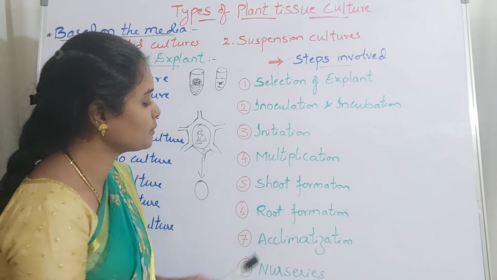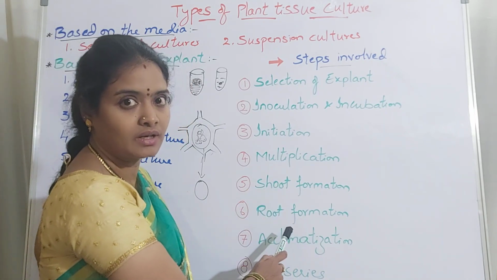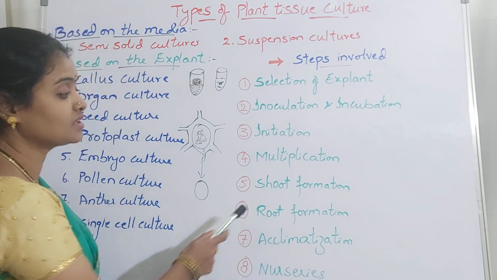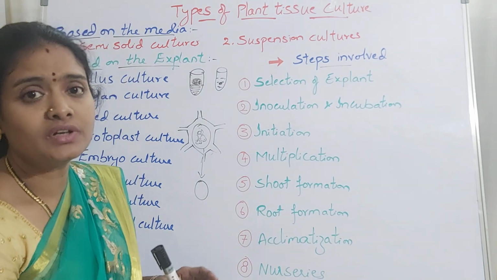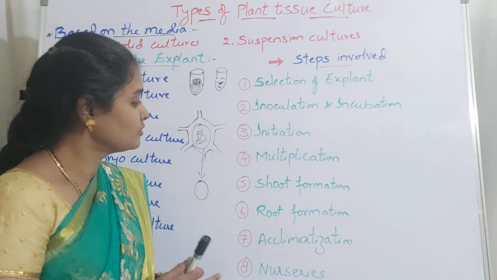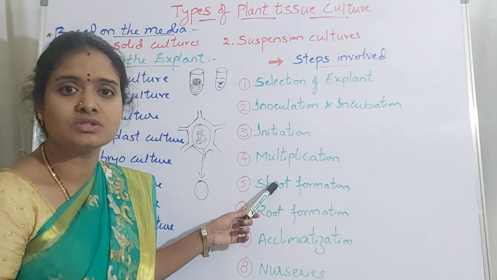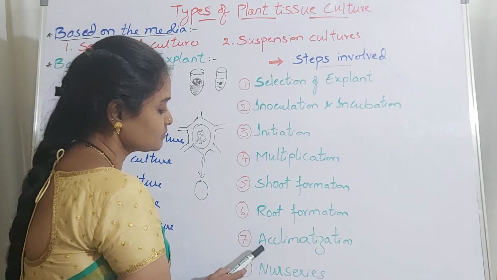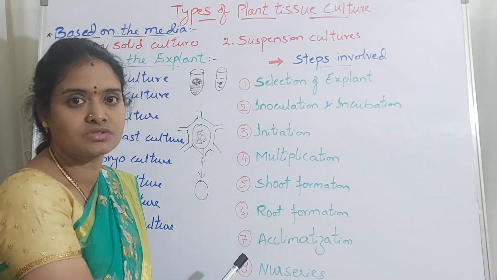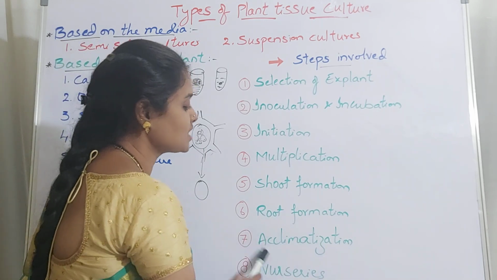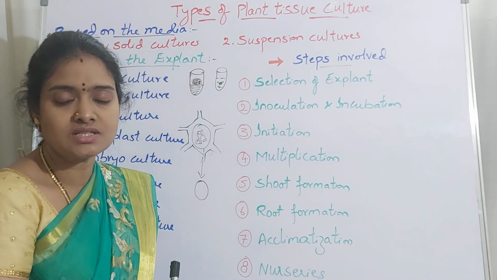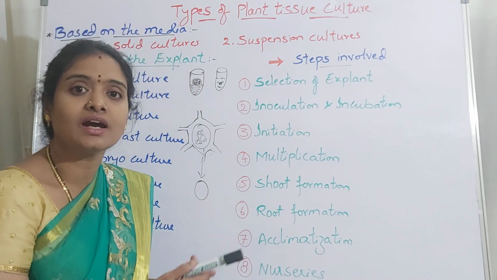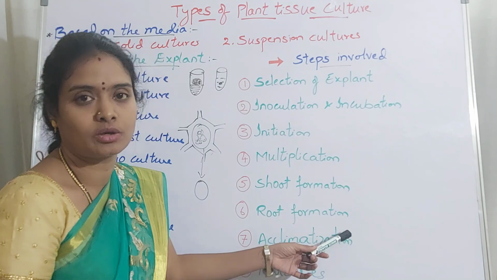Once the complete plantlet is formed, right? You call it a plantlet when it is a fully developed plant having all the organs, the shoot system and the root system. Now these plantlets are sent to the greenhouse. In the greenhouse, it is the acclimatization process, where the plantlets get adjusted to the new environment.